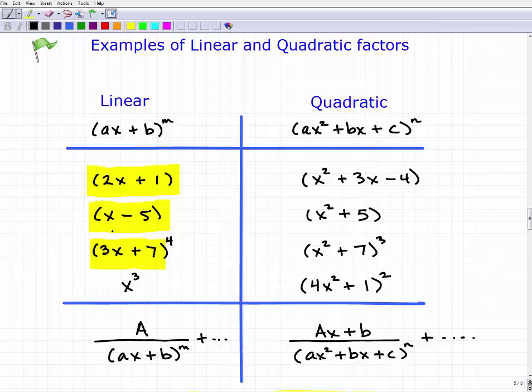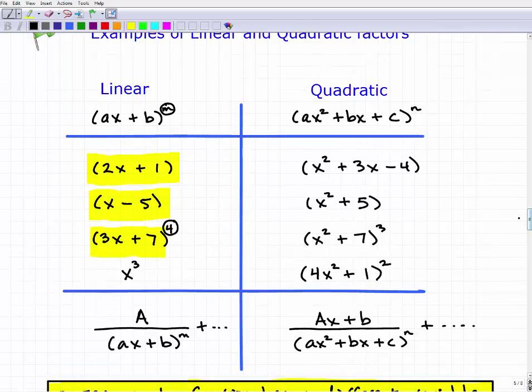That's the ax plus b. Remember, a and b are real numbers. Now, just because this has a power, that's okay. That's the m part here. Linear factor, linear factor, linear factor. You need to recognize that these are linear factors because you're going to be using a particular type of pattern for those.